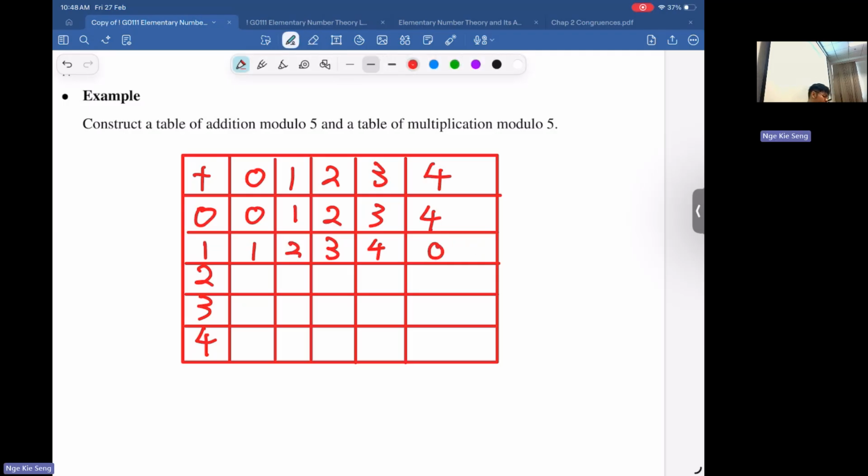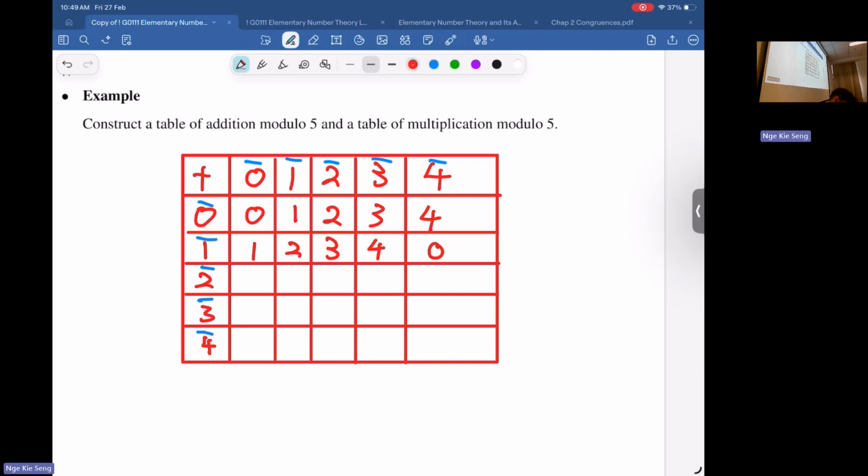To be precise, I guess we should put a bar on the top. Otherwise, please remember you are working with mod 5, so you only have 5 numbers to work with. To differentiate, you should put a bar at the top.